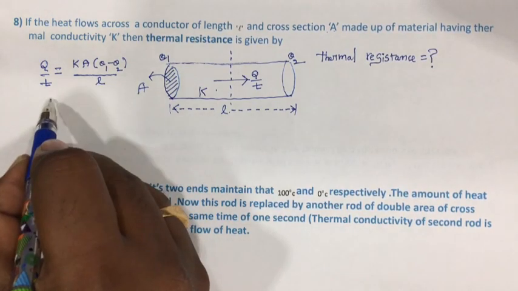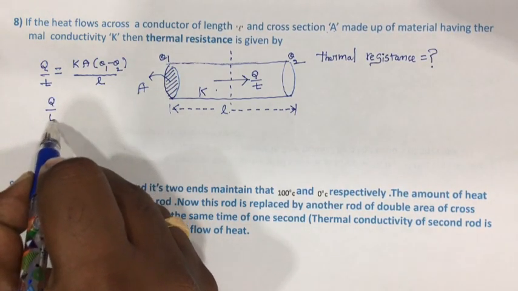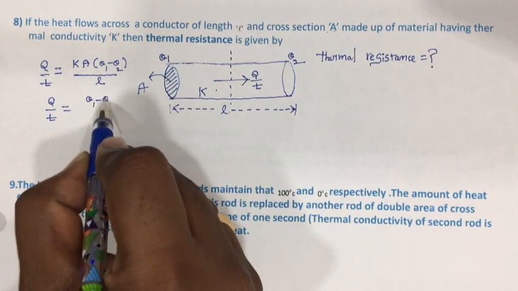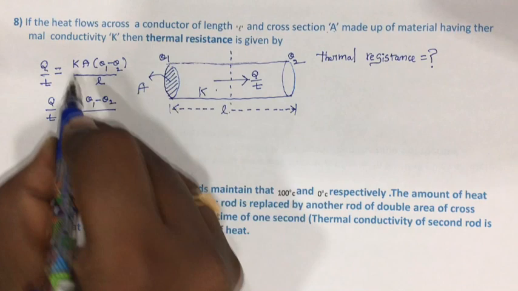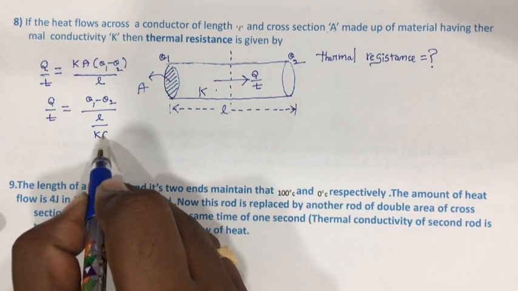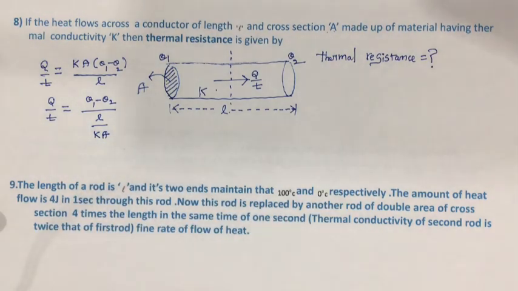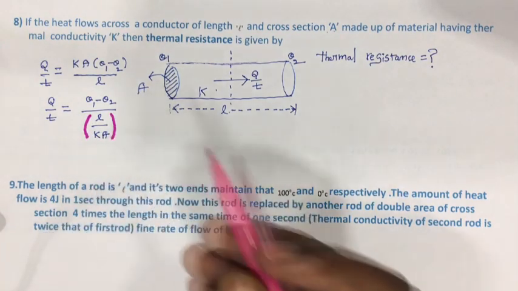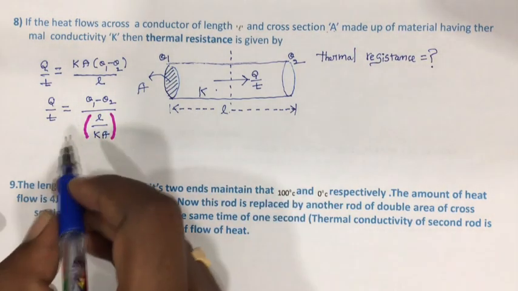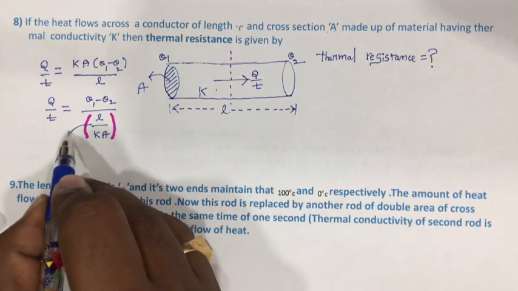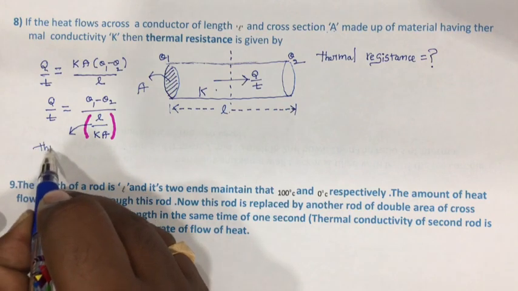From this formula, Q by T is equal to theta 1 minus theta 2 upon L by KA. Now in this formula, this L by KA is called thermal resistance.